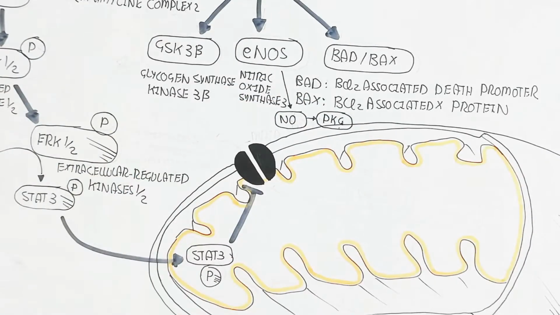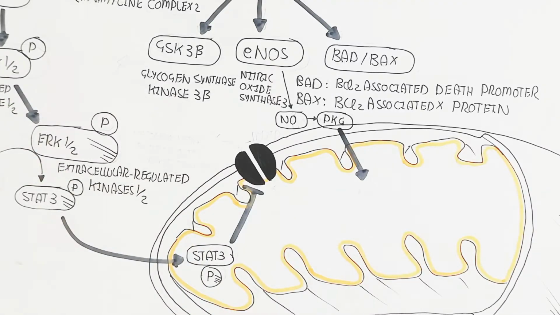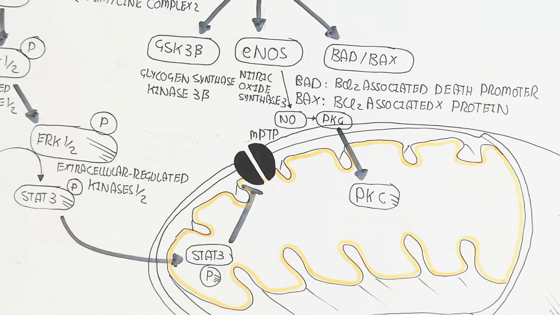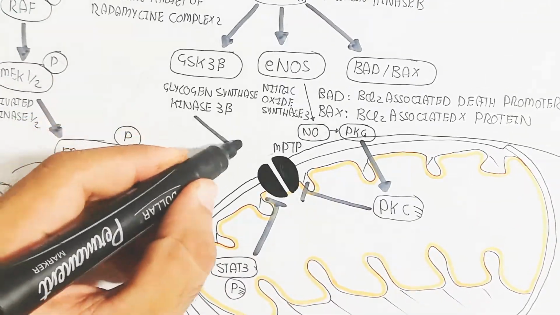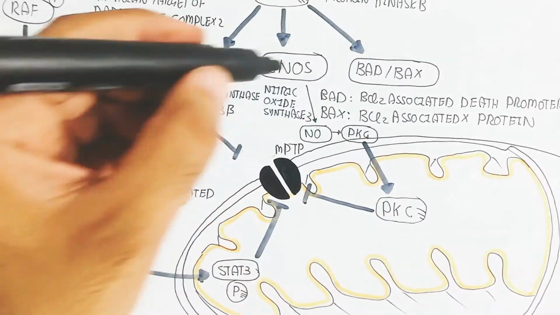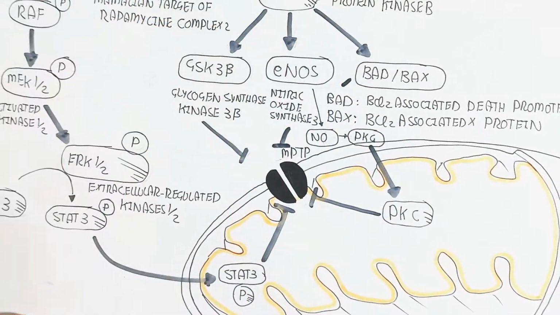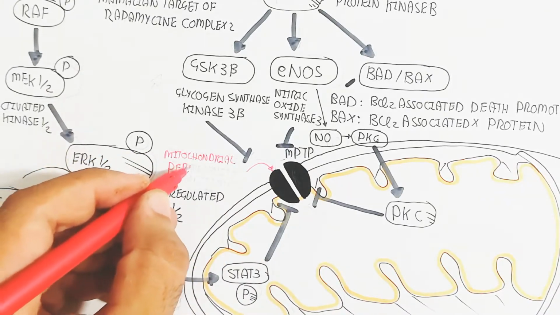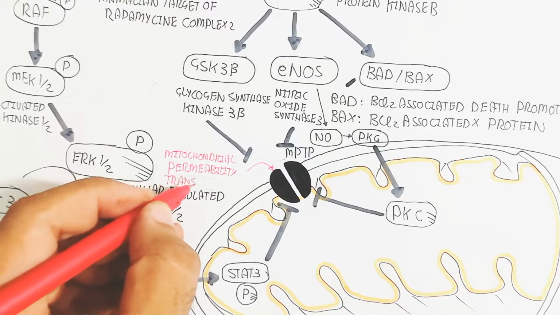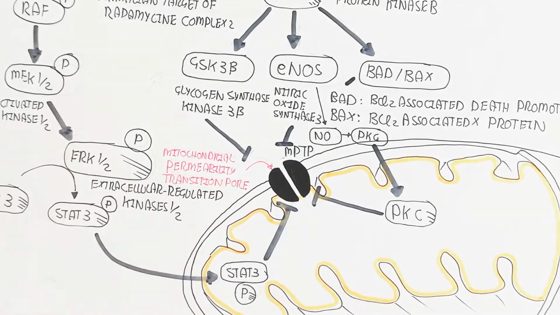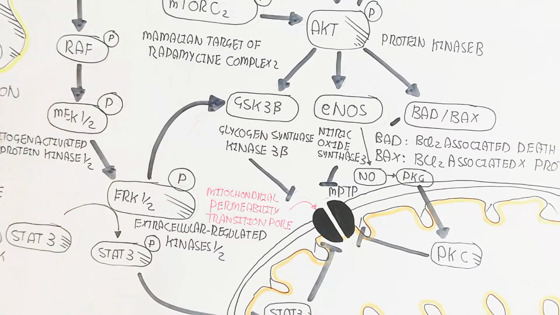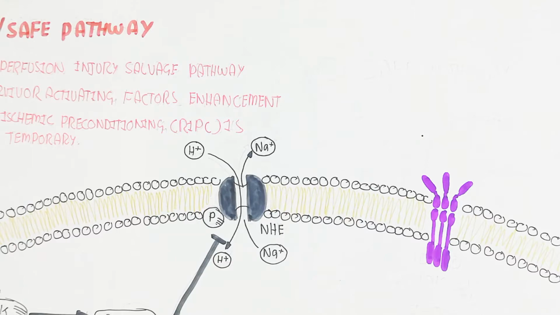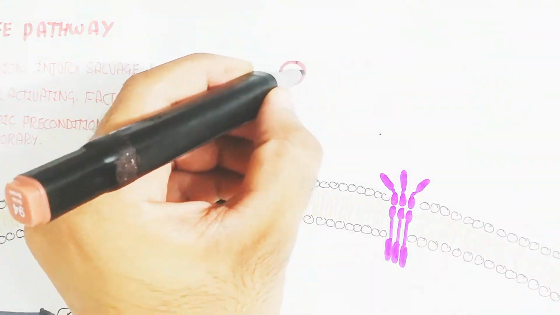Nitric oxide will stimulate protein kinase C, which also inhibits the mitochondrial permeability transition pore. In this way cytochrome will not efflux, as well as other factors, and the mitochondria will not be damaged. The mitochondrial permeability transition pore is inhibited by protein kinase C and STAT3 through the RISK pathway, the reperfusion injury salvage kinase pathway.